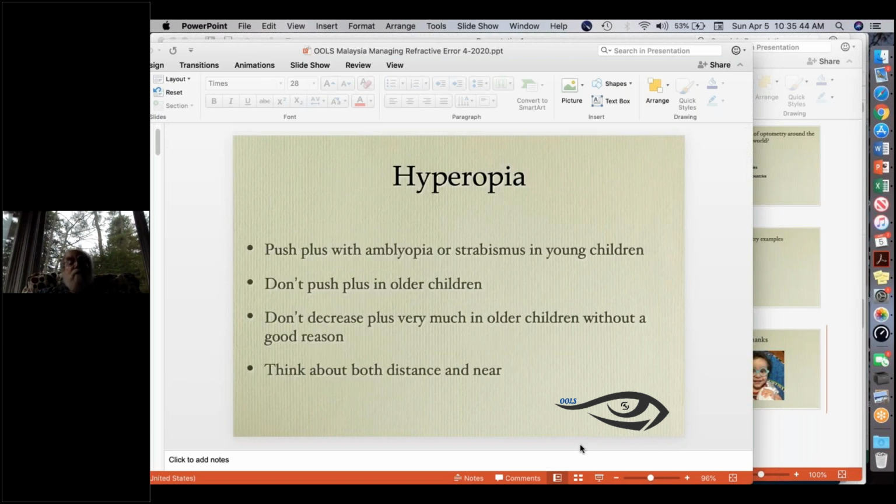All right, let's talk a little bit about very general concepts with hyperopia. In general, with young kids, you typically push plus with amblyopia or strabismus. You do not push plus in the absence of amblyopia or strabismus in young kids. Even more true with older kids or with adults.